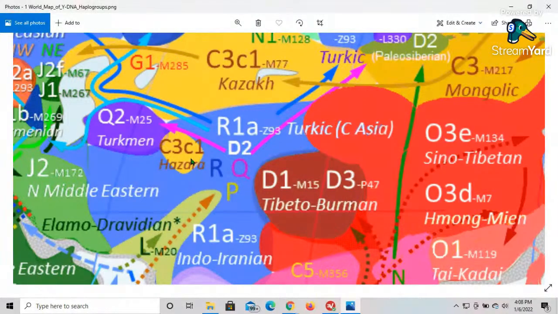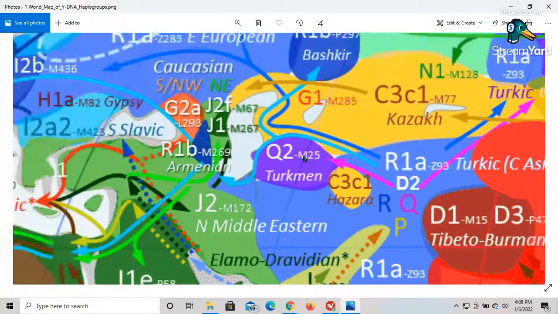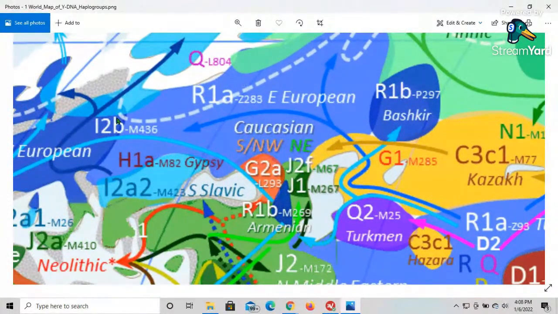Japheth had a lot of sons. So this PQR here can be a little bit confusing to people who study DNA because of the similarities, because it's all Eurasian, it's all very close together and similar. So even though Q would be identified as Madai, the R is clearly Gomer, because Gomer went to Europe, and the Medes, which are this area, also went to Europe, so they're up in this area, right there, and right down here as well.